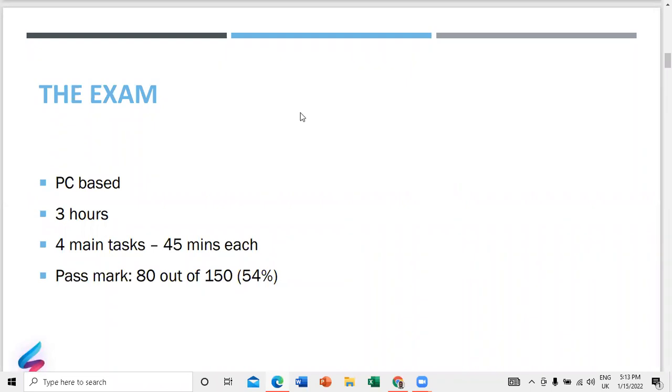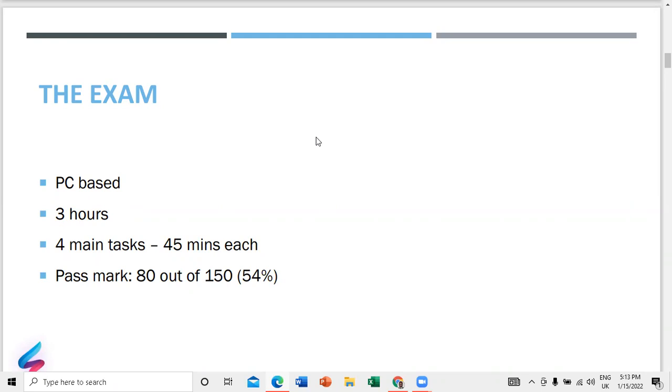All right. So then looking at the exam, it's a PC-based exam, and usually students are supposed to go to an institute and do the exam. However, due to the COVID-19 pandemic, you can do your exams at home as well, adhering to the guidelines provided by CIMA and Pearson.